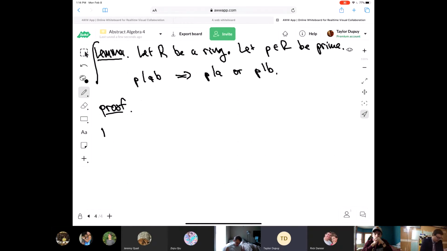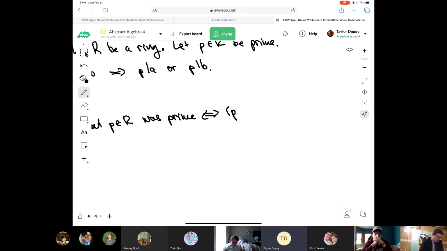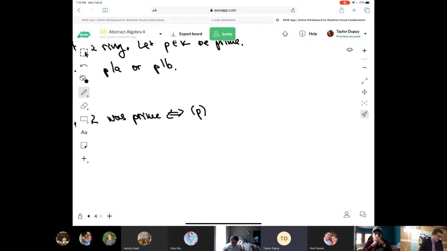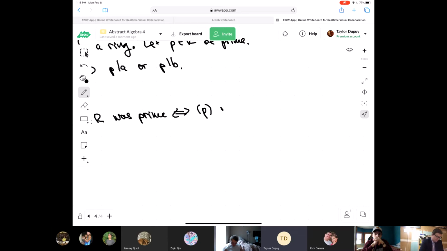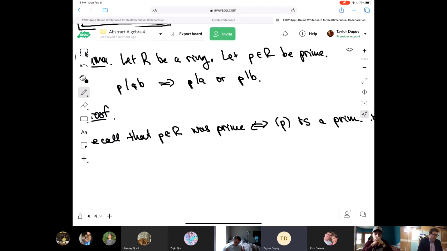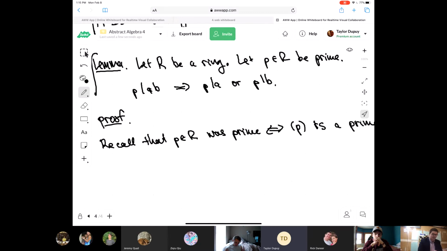Recall that P in R is prime if and only if the ideal generated by P is a prime ideal. That's how we defined something to be prime.